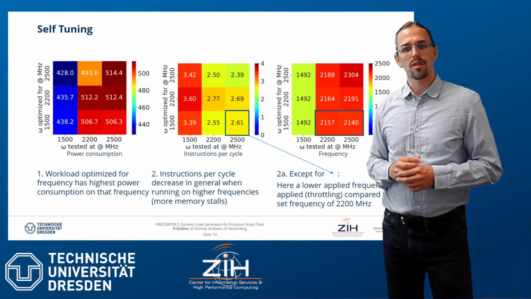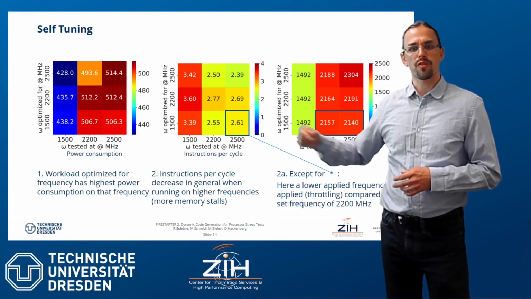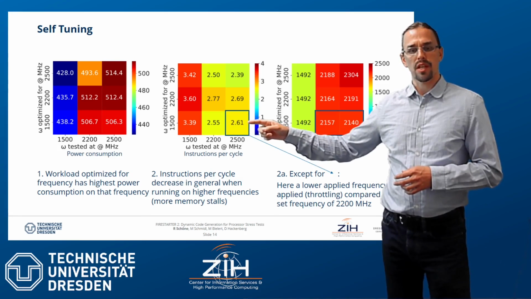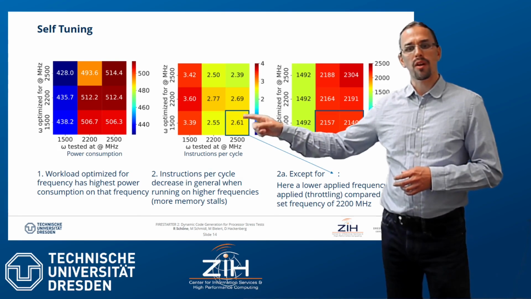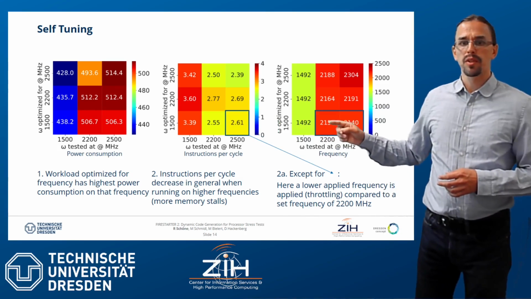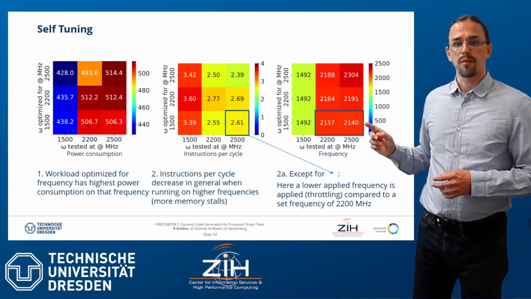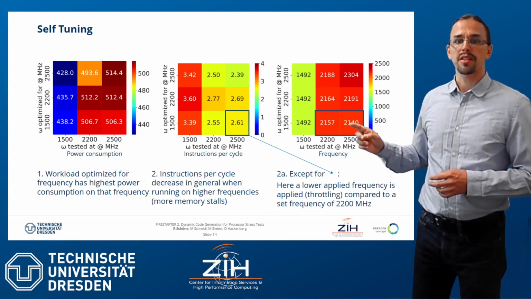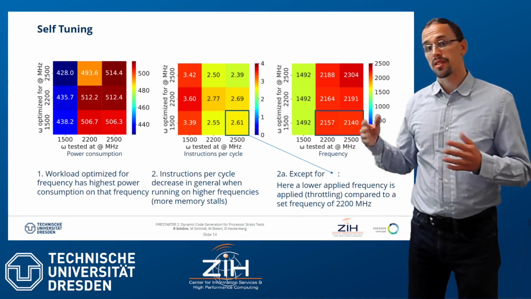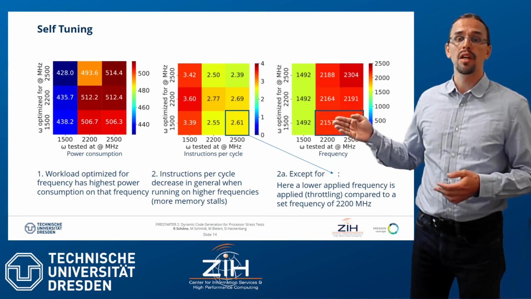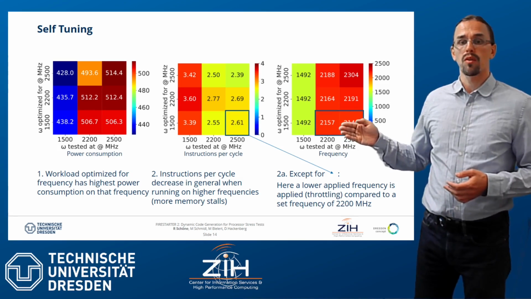Except here for that lower case, where you tuned for 1.5 gigahertz and then it runs with more instructions per cycle at 2.5 compared to 2.2 gigahertz. But we can explain that with the applied frequency. We set the frequency to 2.2 and 2.5 gigahertz, but the applied frequency is throttled, because the processor assumes that it uses more than its TDP, and it will just go down.